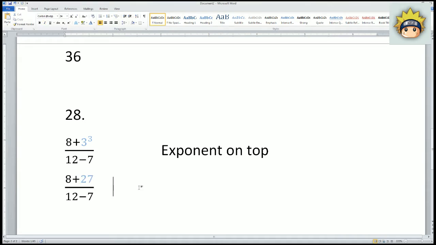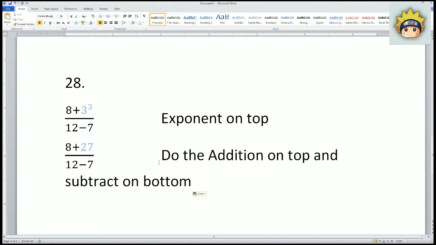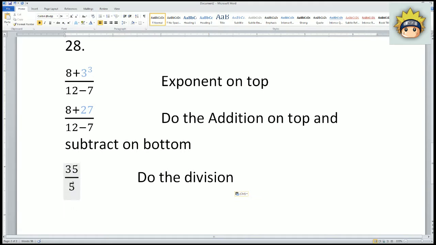Next, I'm going to do the addition on top, the 8 plus 27, and do the subtraction on the bottom, the 12 minus 7. I'm going to get 35 on top and 5 on the bottom. After that, I do the division. 35 divided by 5 equals your number 7.